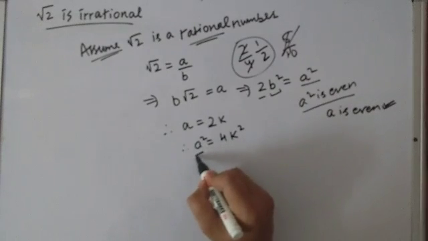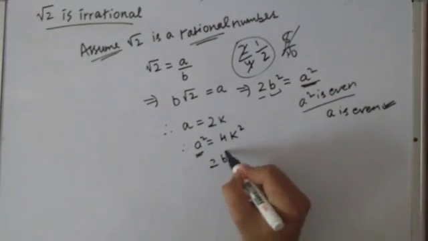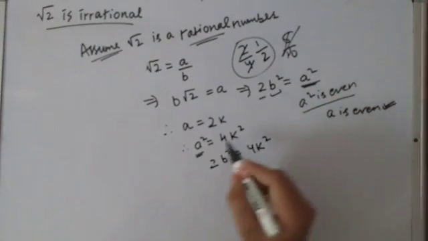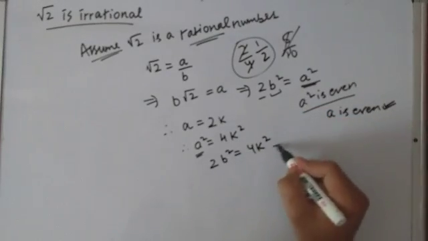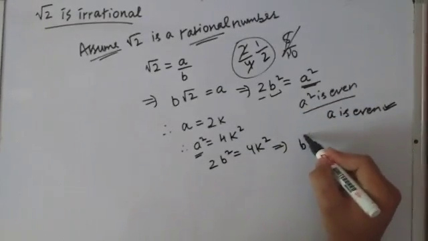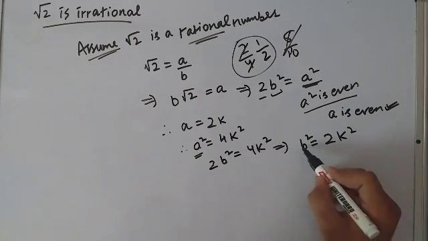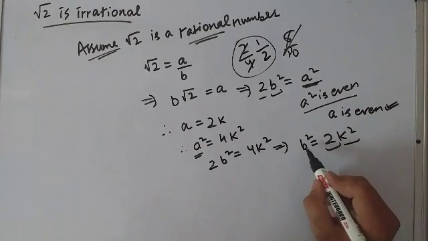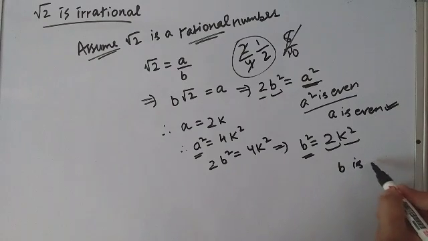Alright, and from here we can write 2b square equals 4k square. From this equation we have replaced a square by 2b square. 2b square equals 4k square, or b square equal to 2k square. So b is now 2 into something, that means b square is also even, so b is also even.